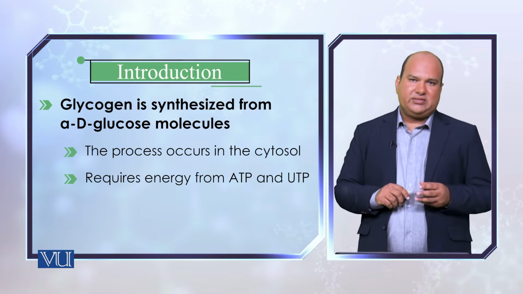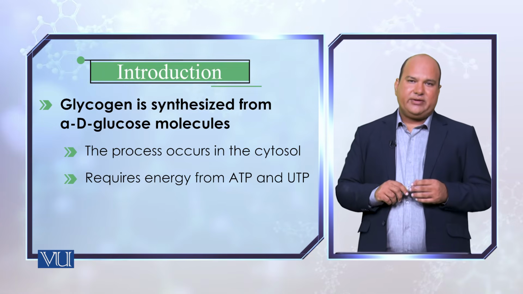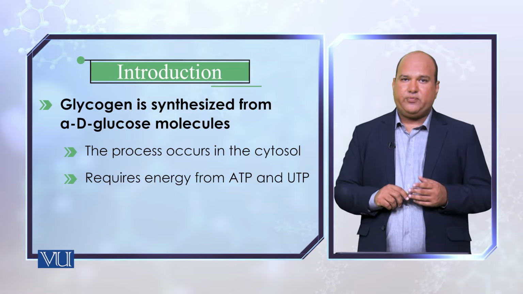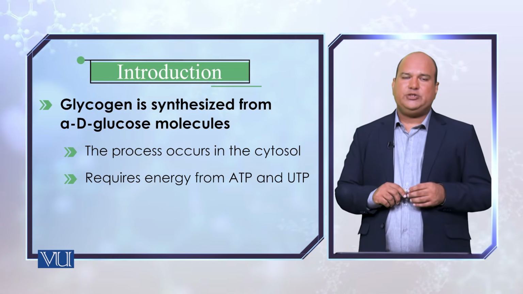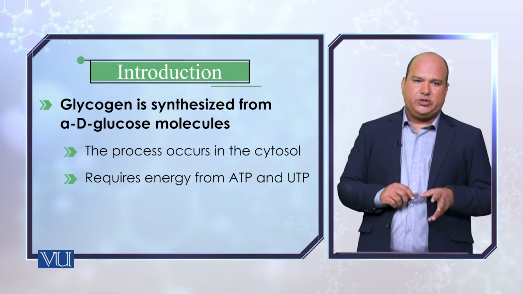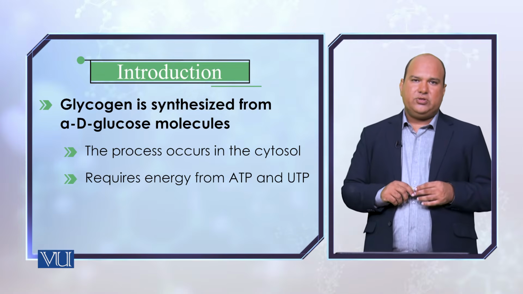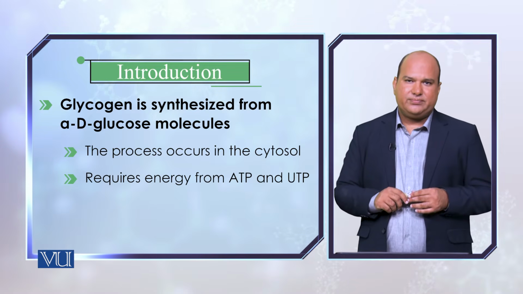This process occurs in the cytosol and it requires energy, of course, in the form of ATP, and there is a new molecule, that is UTP, uridine triphosphate, which is also used in this process.